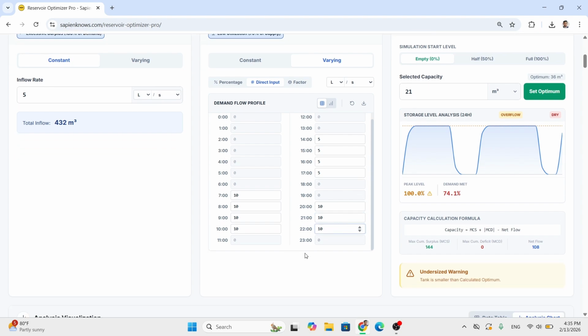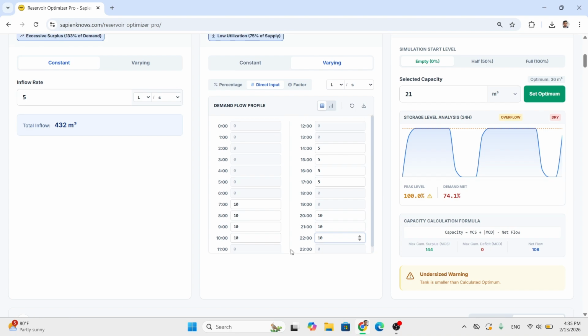So it's looking a bit good. It's looking like a real example.